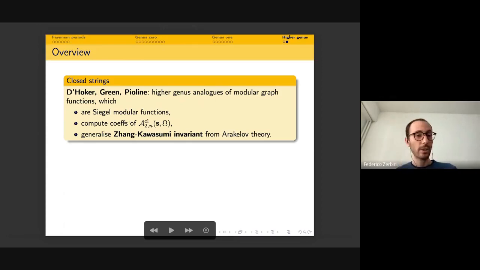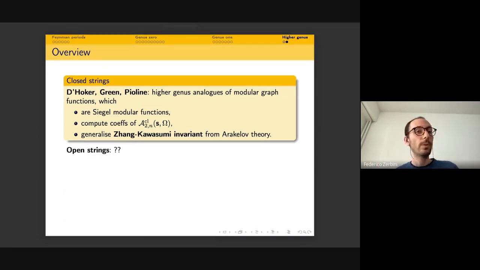And special cases of these new functions are known from Arakelov geometry and are called the Kawazumi-Zhang invariants. They're very interesting functions by themselves, but they're just the simplest special cases of this new class of modular graph functions in higher genus.